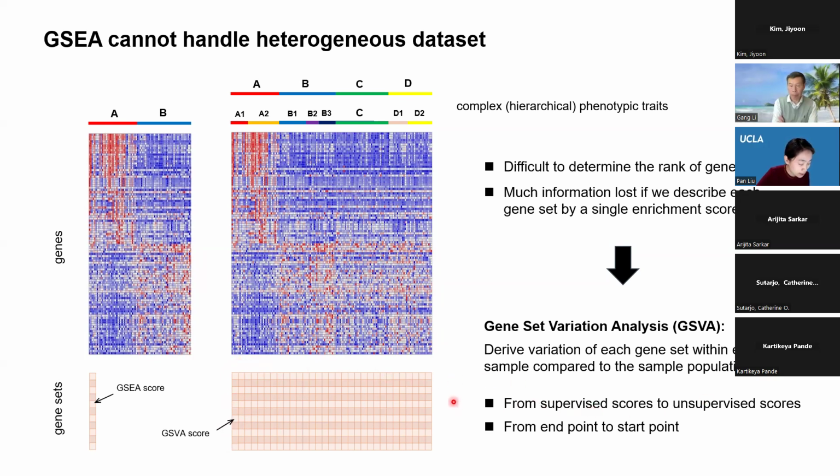This means we will obtain a matrix instead of a vector. And then we can have the phenotypic information come in later when we want to do all kinds of downstream analysis. This is turning it from an end point to a start point in the analysis.